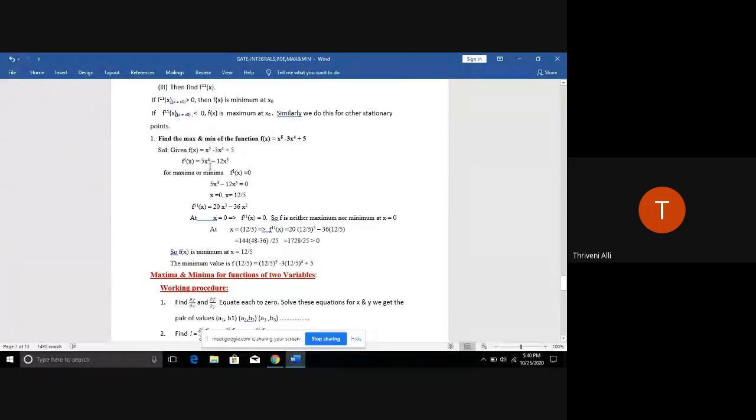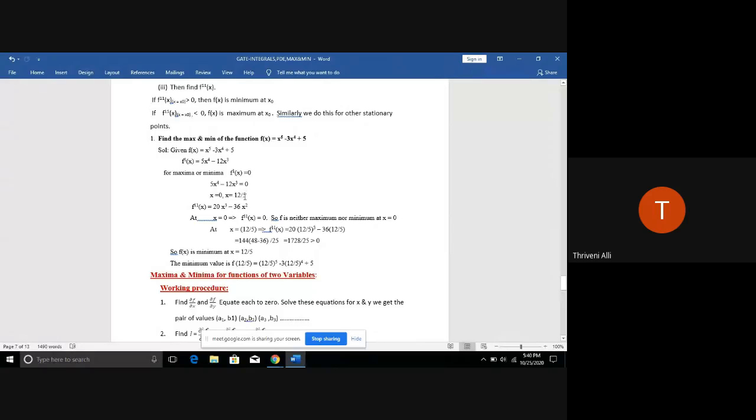Without differentiation and integration formulas, we cannot do even a single problem, so we have to remember the main basic formulas. So f dash of x is 5x power 4 minus 12x cube. For extrema, f dash of x equal to 0. So we get two stationary points. Here 5x power 4 minus 12x cube equal to 0, that means x equal to 0 and x equal to 12 by 5.